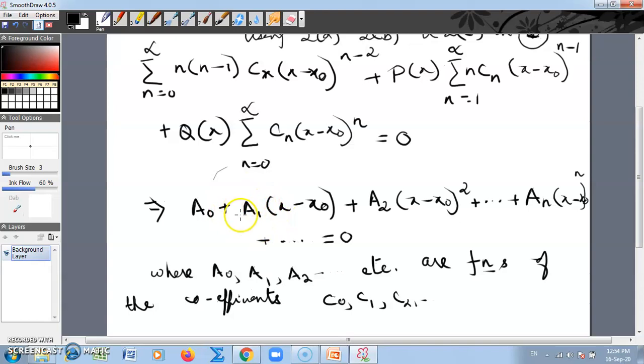So we have just summed it up. Since twice C1 plus thrice C2 is also a constant, we have put it like this.